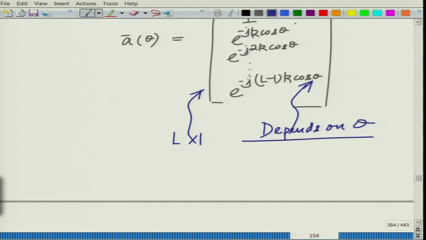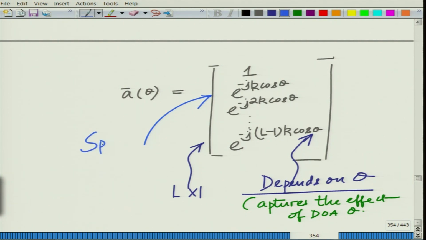So, you can clearly see it captures the effect of the direction of arrival theta.